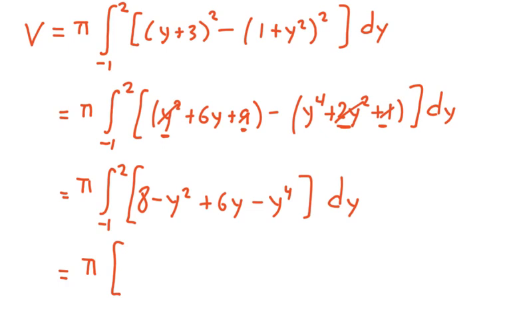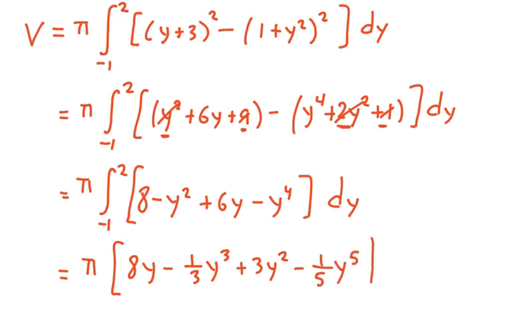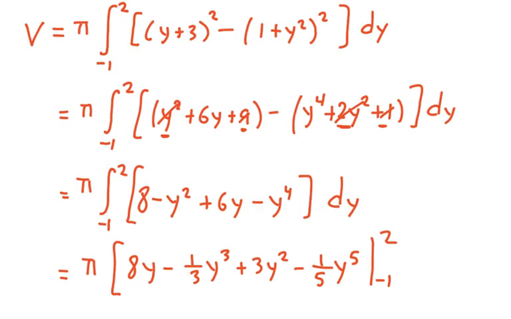So this is pi times the quantity 8y minus 1/3 y cubed plus 3y squared minus 1/5 y to the fifth. And again, this is evaluated from -1 up to 2. Let's pop the 2 in. If I put in 2, I get 16 minus 8/3 plus 12 so far, right?